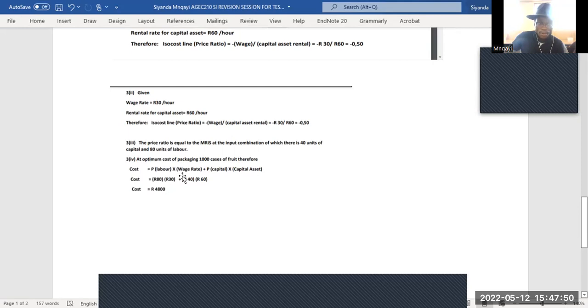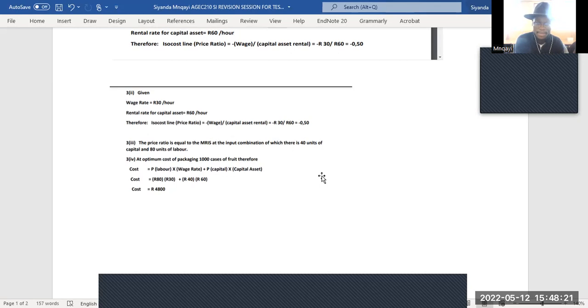So now, at optimum cost of packaging 1,000 cases of fruit, you must know that the cost equals the price of labor multiplied by the wage rate plus the price of capital multiplied by the capital asset.